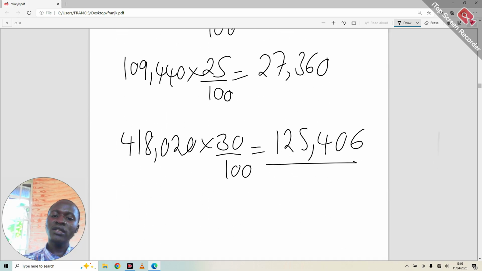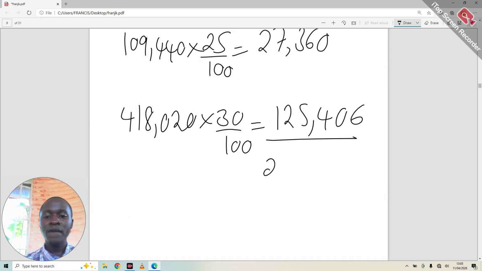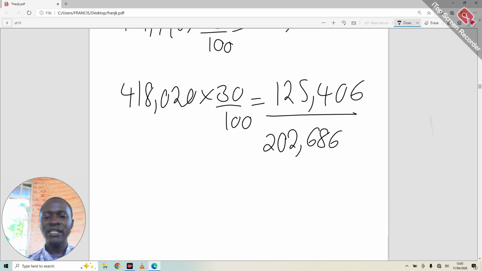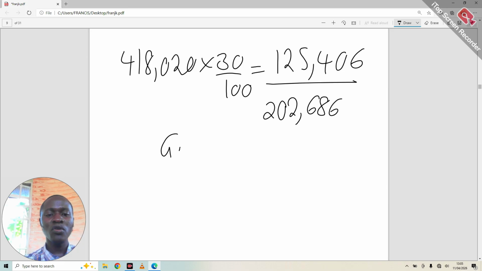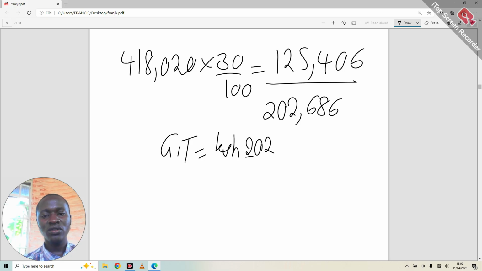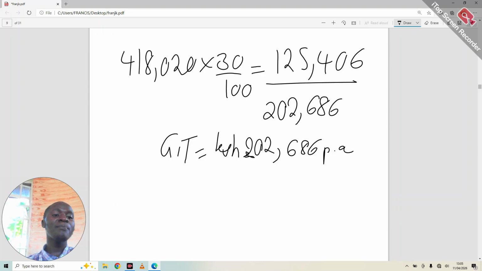So we're having a total of what? 202,686 Kenyan shillings. That is our gross tax. And remember, it is per annum.